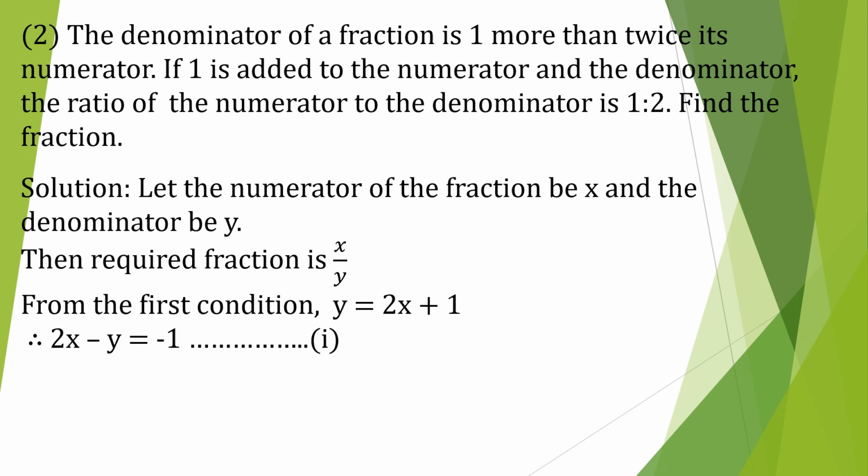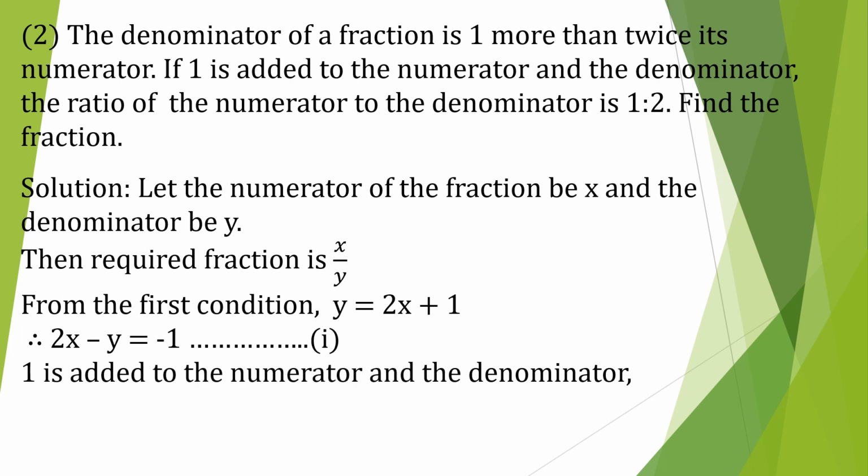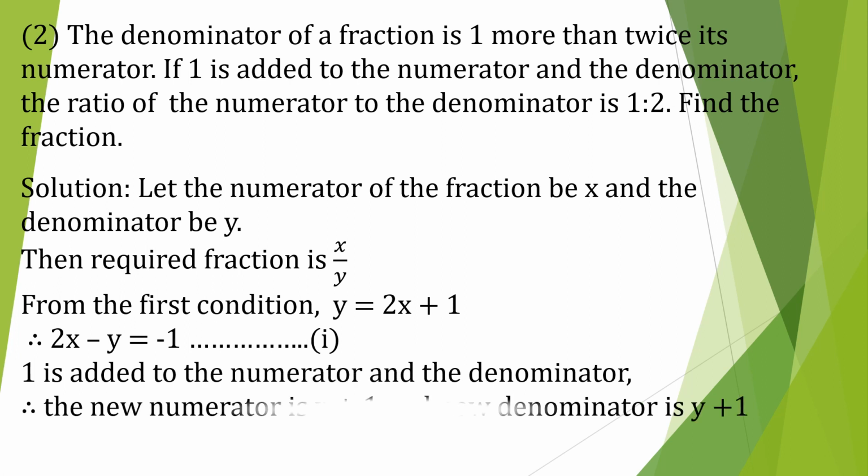Now, what is given in the second condition? If 1 is added to numerator and denominator, see the question. If 1 is added to the numerator and denominator, the ratio of the numerator to denominator is 1:2. It means you have to add 1 to the numerator as well as to the denominator. So the new numerator is x plus 1 and the new denominator will become y plus 1.